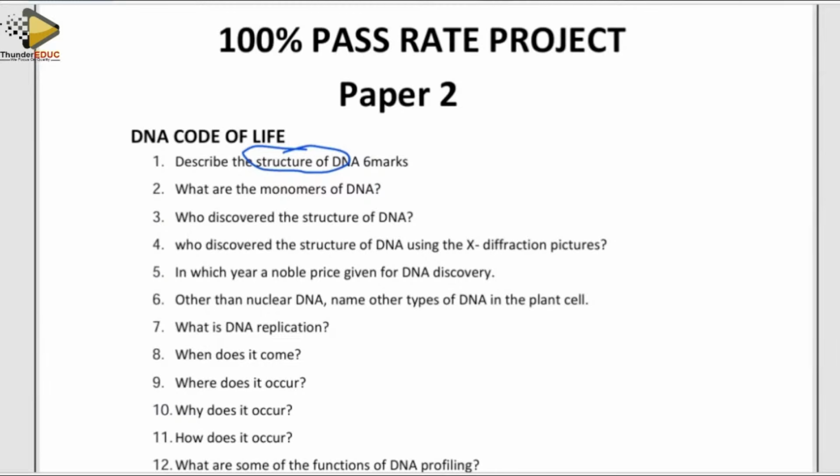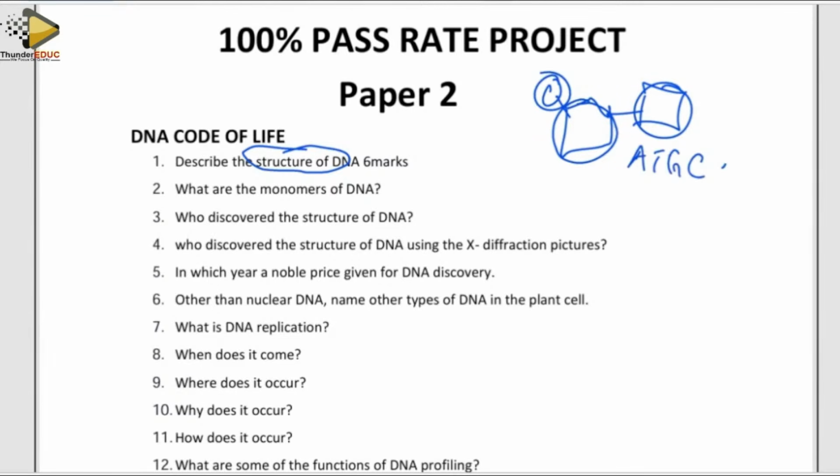Remember, we say that DNA is made up of nucleotides. A nucleotide is made up of phosphate, deoxyribose sugar, and nitrogenous bases. Then you tell us adenine, thymine, guanine, cytosine, whereby adenine pairs with thymine and guanine pairs with cytosine. And then you basically describe the structure of DNA in that regard. It has two strands joined together by weak hydrogen bonds.